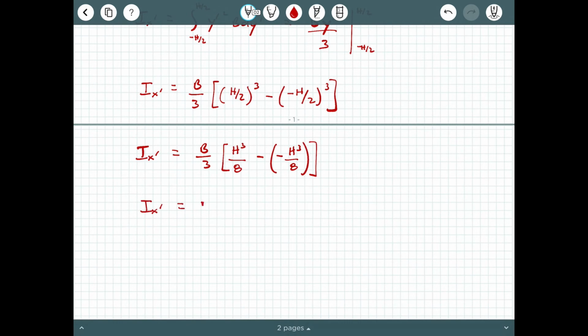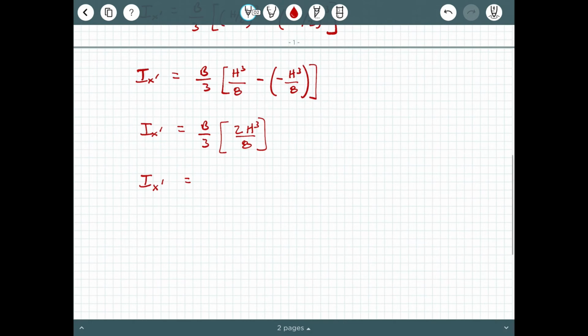And so then I sub x prime is going to be b over 3 times the quantity, and those two negatives become a positive, so we get 2h cubed over 8, and then we can easily see that this reduces to, let's see, this 2 cancels with this and becomes a 1/4, so we get bh cubed over 12 finally. And that's part of our answer.